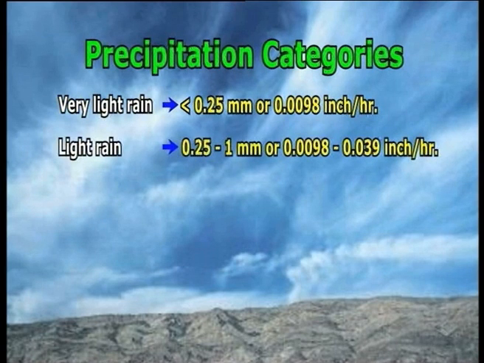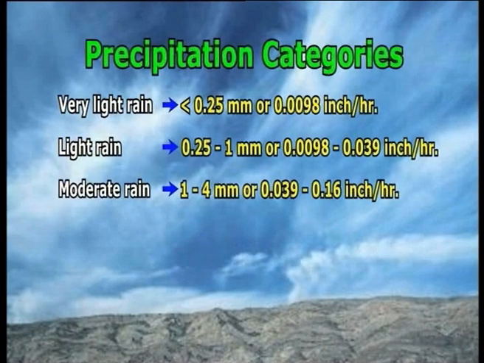Light rain is the rainfall which falls at the rate of 0.25 millimeters or 0.0098 inch to 1 millimeter or 0.039 inch per hour.